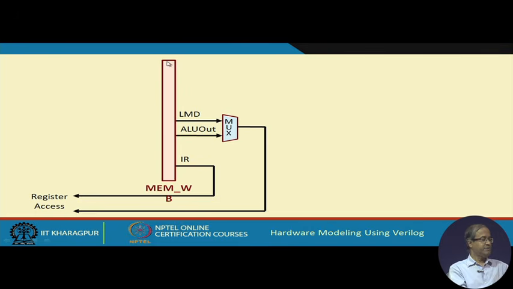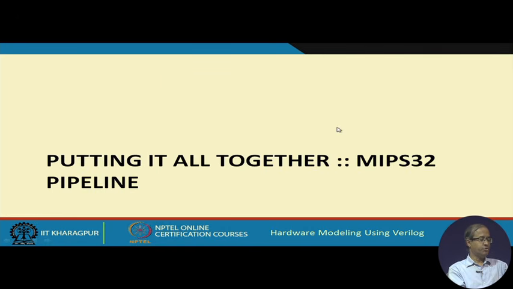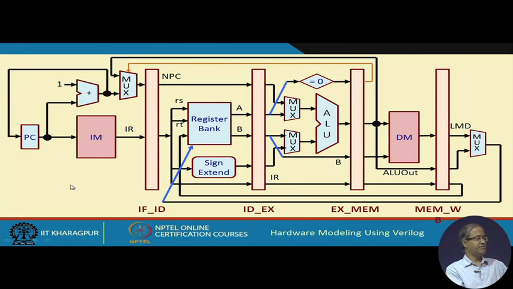Fine. So, here your WB is nothing but a multiplexer where you will be selecting either LMD or ALU out depending on the control signal, and it will be going to your ID stage. So, this IR will contain which register number and this will contain what is the data. So, if you combine everything together whatever we have discussed so far, you see the picture looks like this.